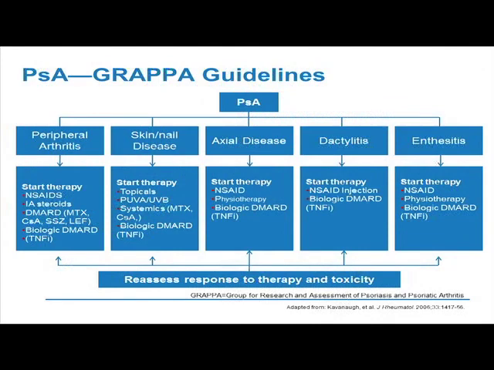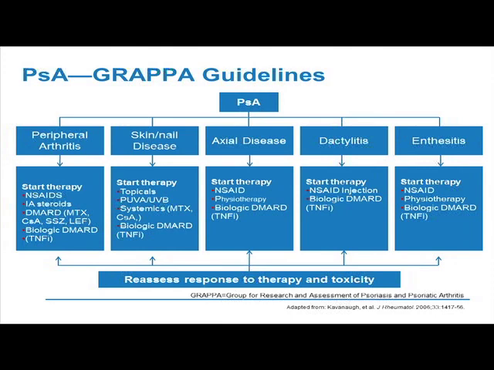Now, the next slide, which are the GRAPPA guidelines, put that into action. And here we see patients with psoriatic arthritis with whatever complication of interest, starting with peripheral arthritis, skin disease, axial disease, dactylitis, and enthesitis. And here are starting therapies and how we then escalate based upon need.